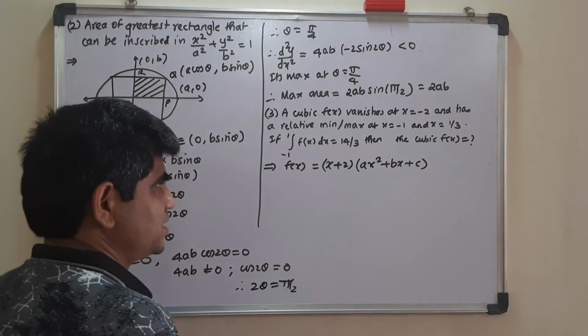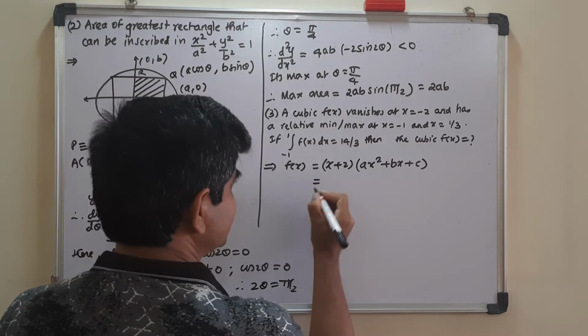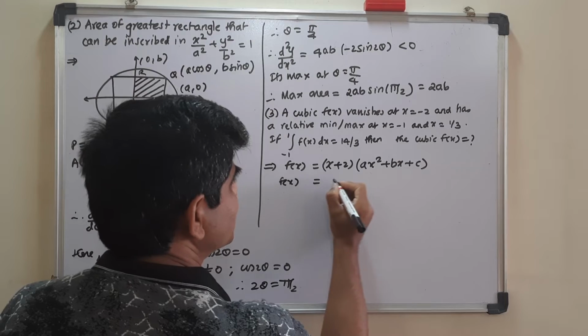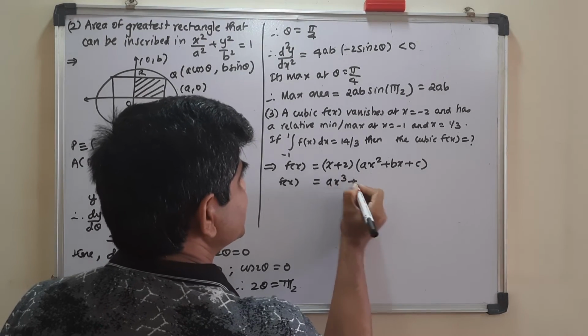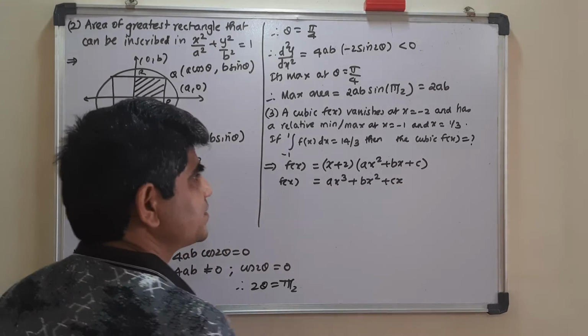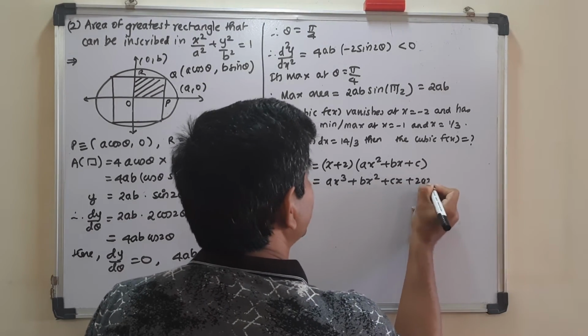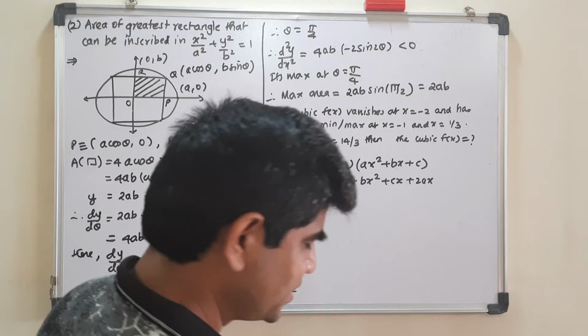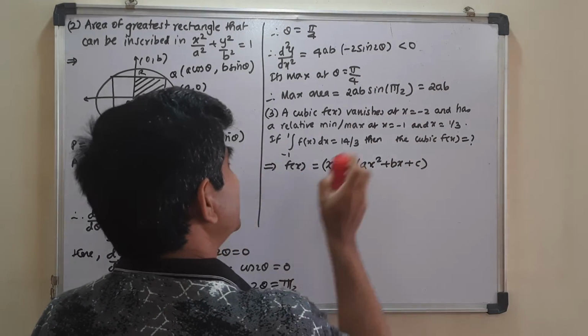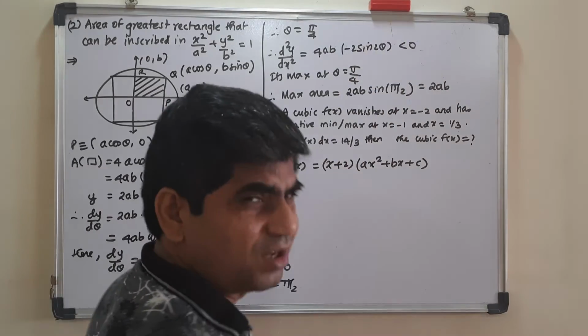Okay. So first I will better expand this. So I get this function of x to be ax cube plus bx square plus cx plus 2ax square. No, better I will not expand it. It will be easier for me to use product rule. Instead of expanding it and getting 6 terms, I will be using product rule.